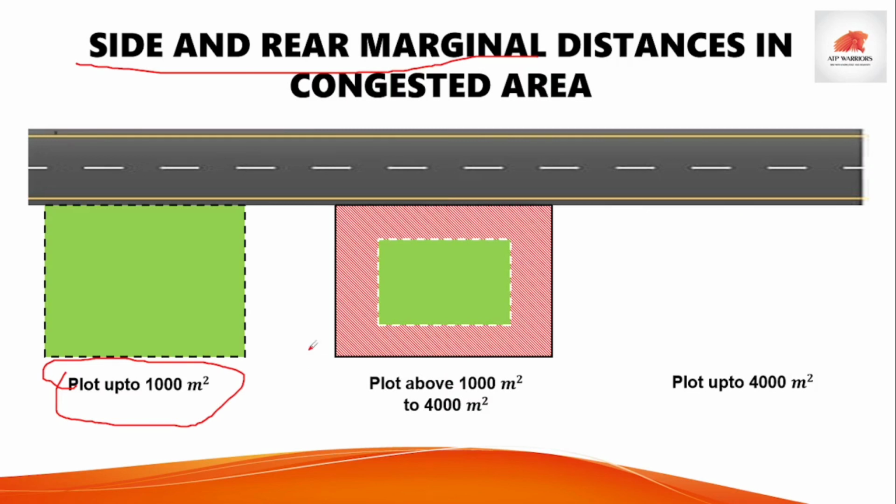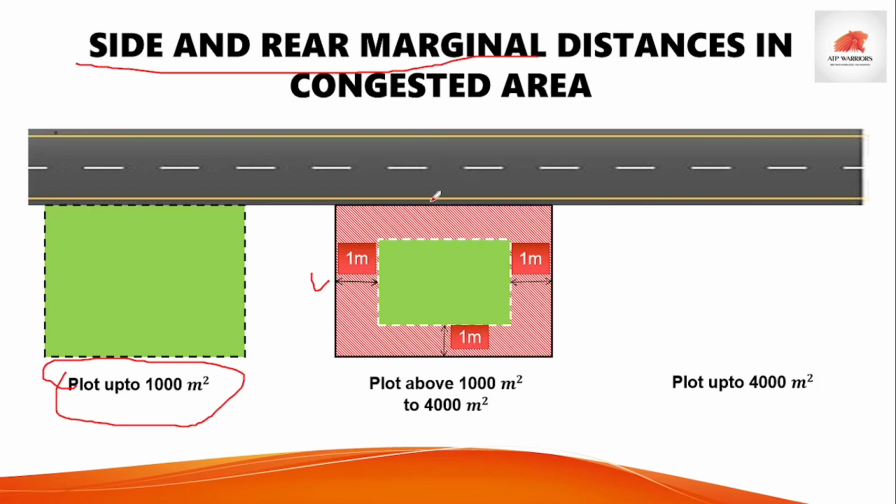For the second point, if your plot is above 1000 meter and up to 4000 meter, you have to keep the side and rear marginal distances, each 1 meter, from all the sides except the front.